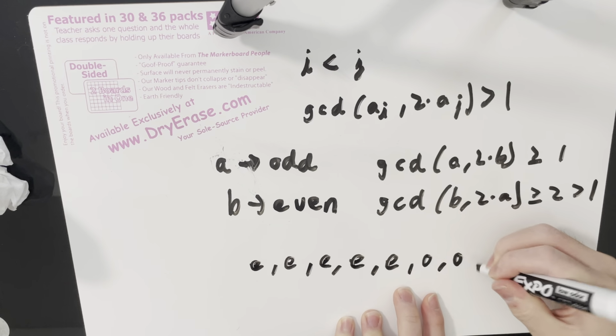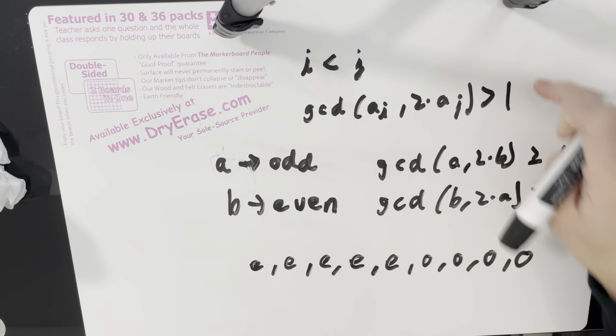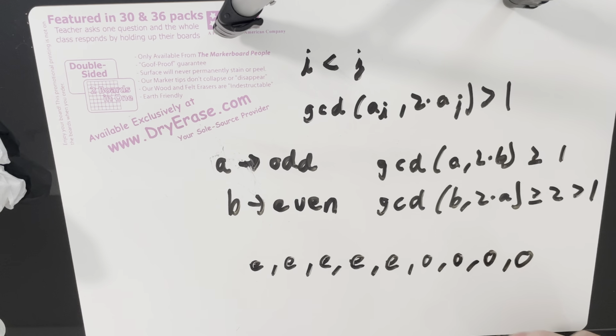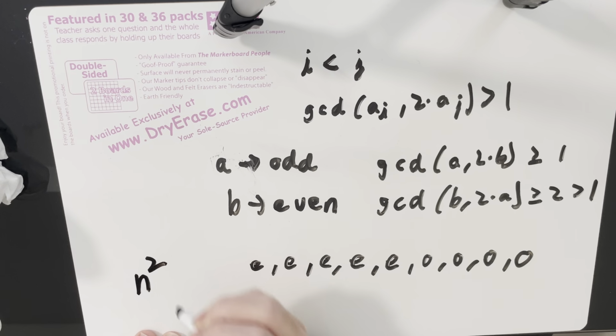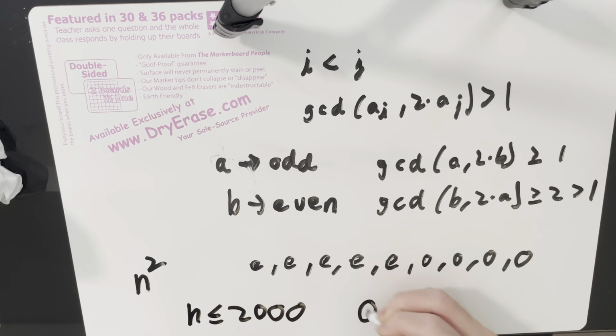So this is an odd number, odd number, odd number, and so on. After you get this array, you simply run a naive n-squared checker to count how many pairs have a GCD strictly greater than 1. This runs in n-squared time, and because n is less than or equal to 2000, this is okay. So yeah, that's how problem B works.